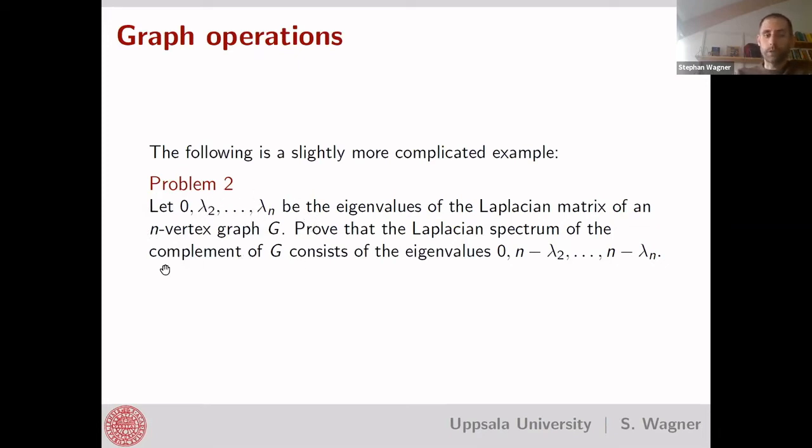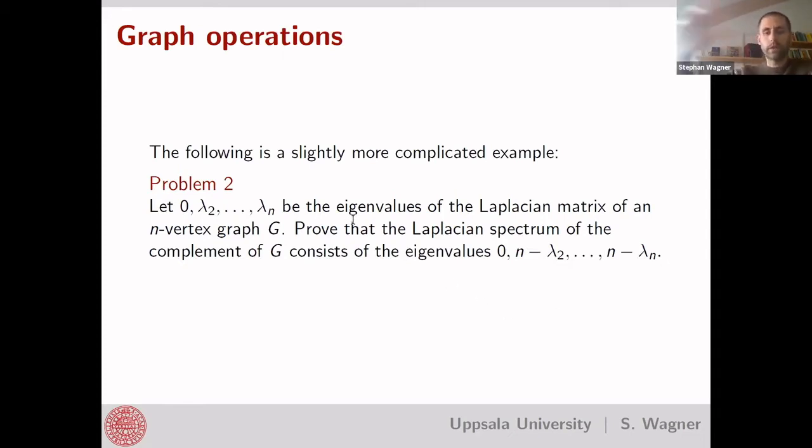So it turns out if you take the complement, which means you put an edge where there is no edge in G and the other way around, then the new graph has eigenvalues also 0. It has to have 0 as an eigenvalue, but the others are just n minus lambda 2, n minus lambda 3, and so forth, up to n minus lambda n.